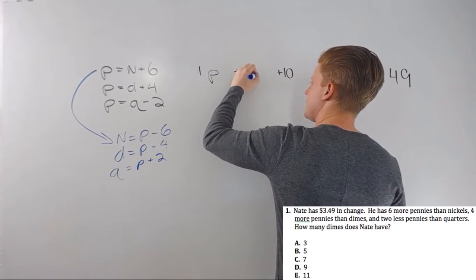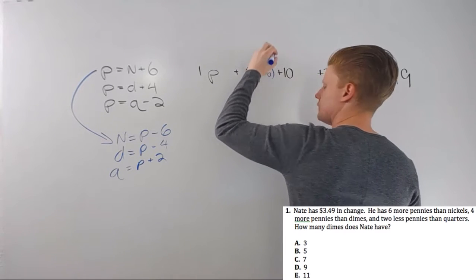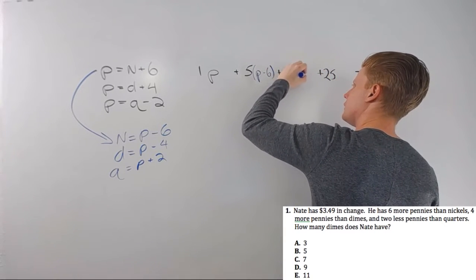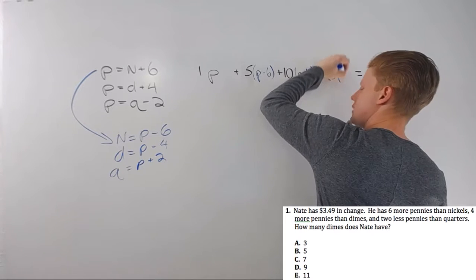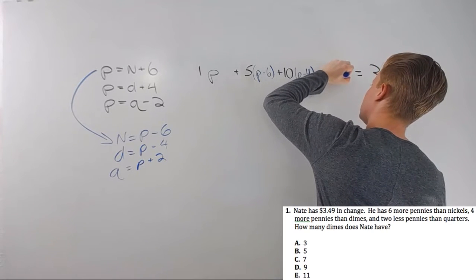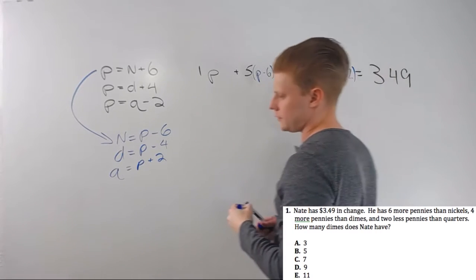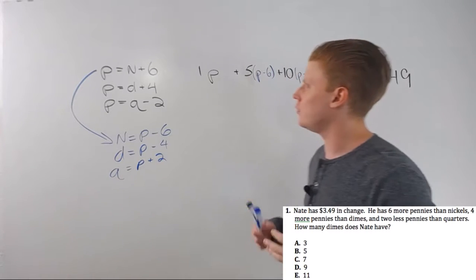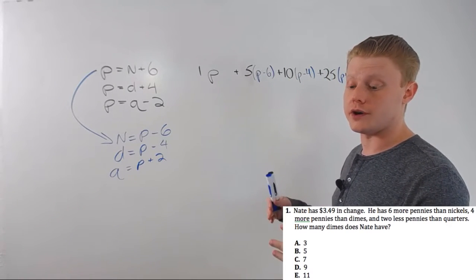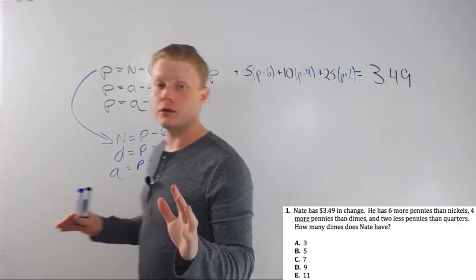So this will be p minus 6. This will be p minus 4. This will be p plus 2. Boom. Now I have one equation with one variable. That's solvable.